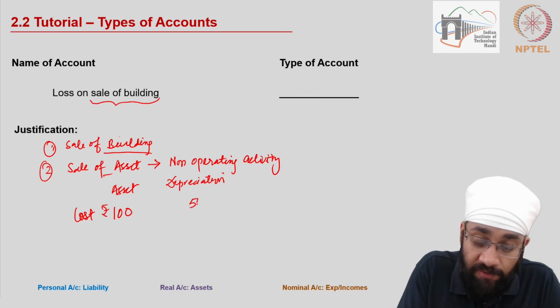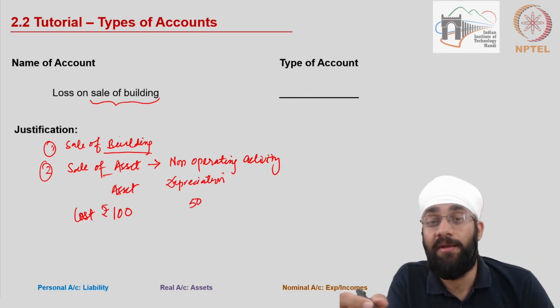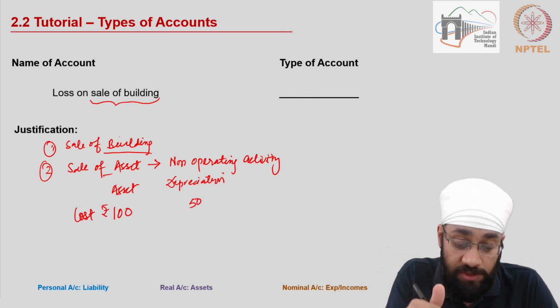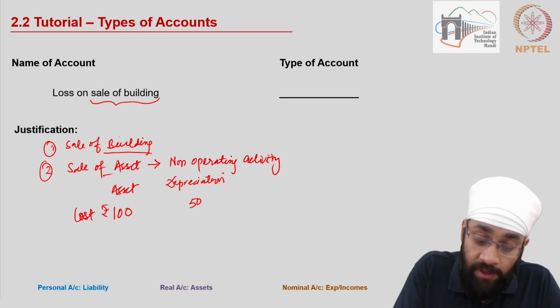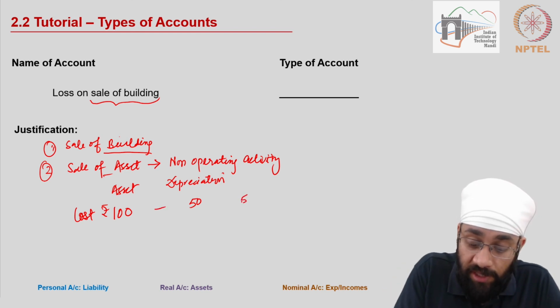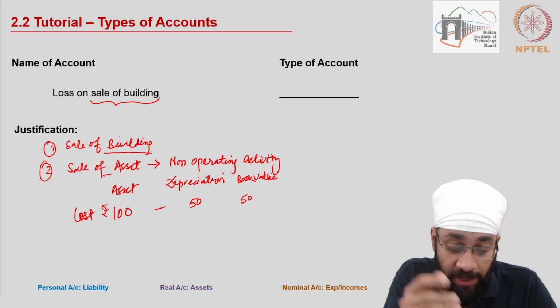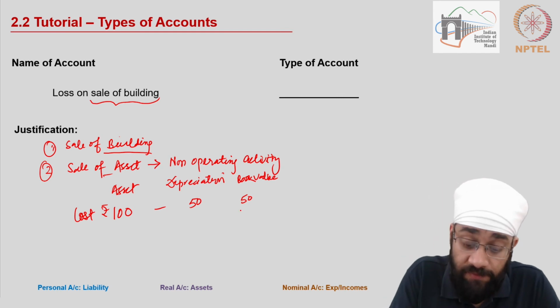Let's say 50 is the depreciation till date. It's been 5 years that you bought this building. Now you are selling it off. So 100 minus 50, 50 is the book value, the current value in the books of accounts. The value of this building in the books of accounts is 50.